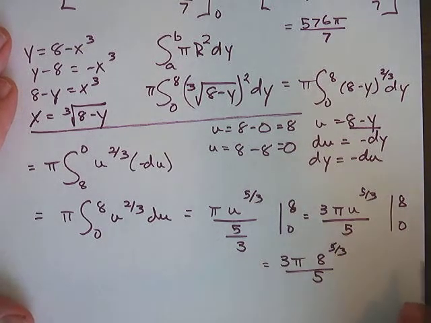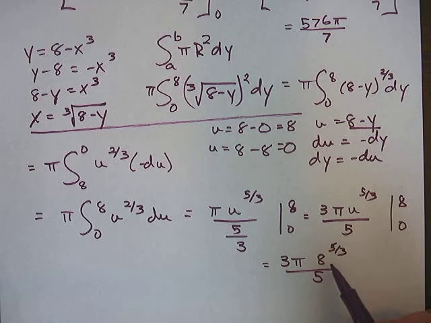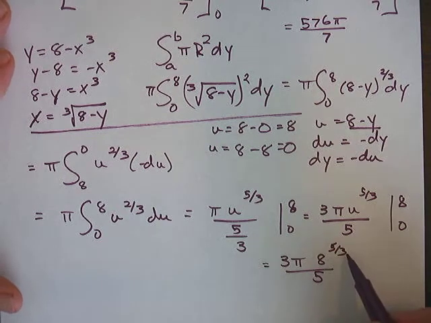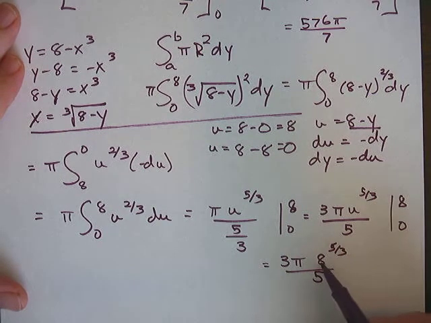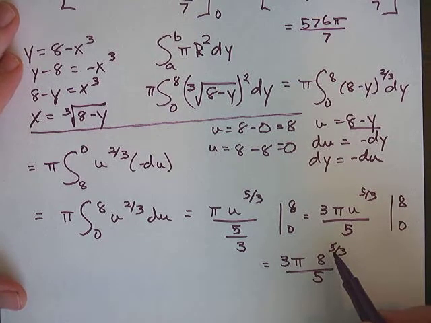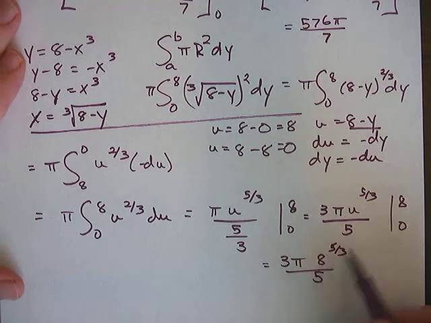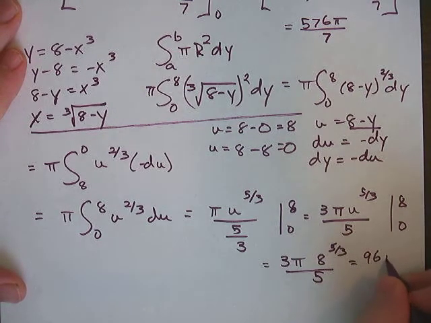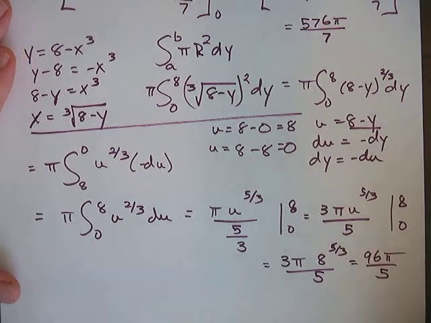You can do that in your calculator, or you can think about this for a second. If you take the 3 as a cube root, the cube root of 8 is 2. And then 2 to the 5th power is 2 times 2 is 4, times 2 is 8, times 2 is 16, times 2 is 32. So 8 to the 5/3 power is 32. 32 times 3 is 96. So you get 96 pi over 5.